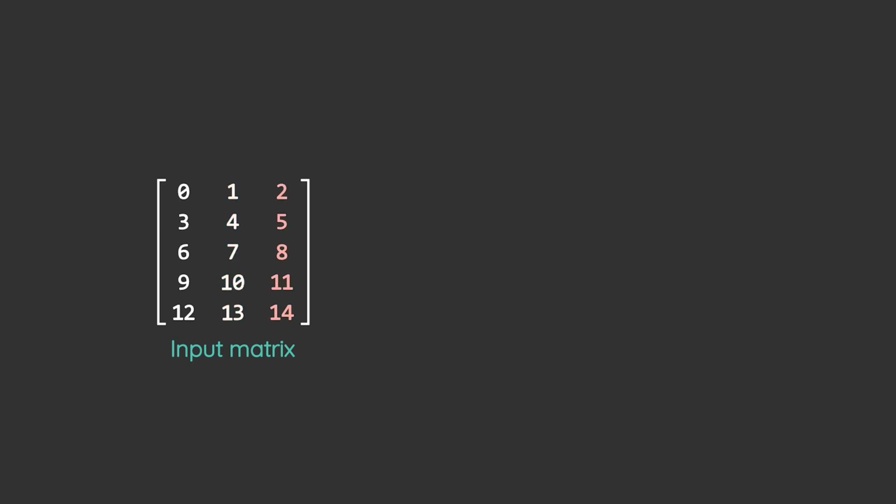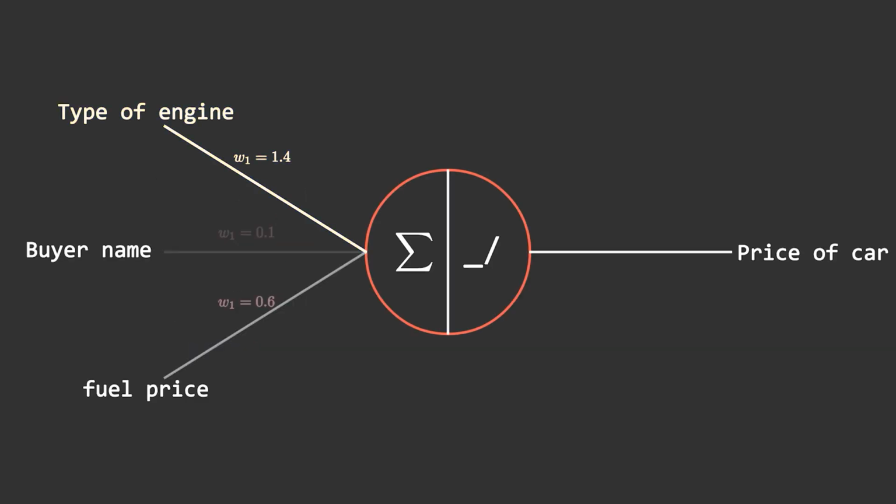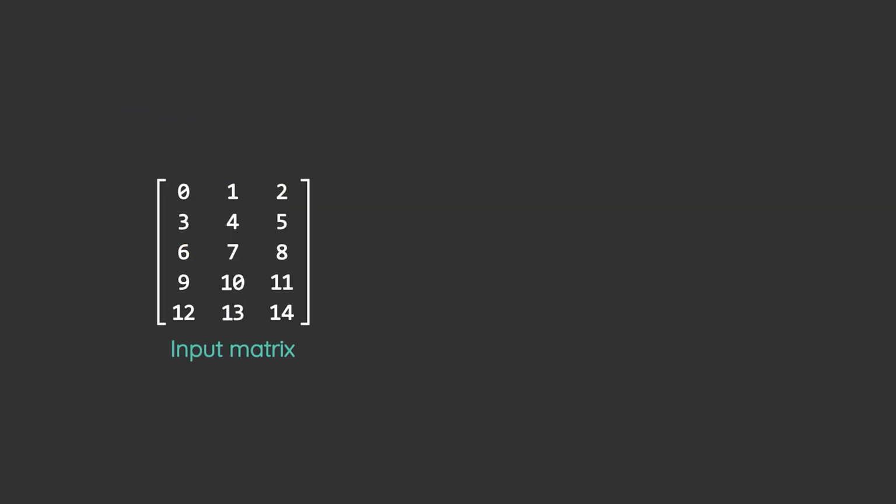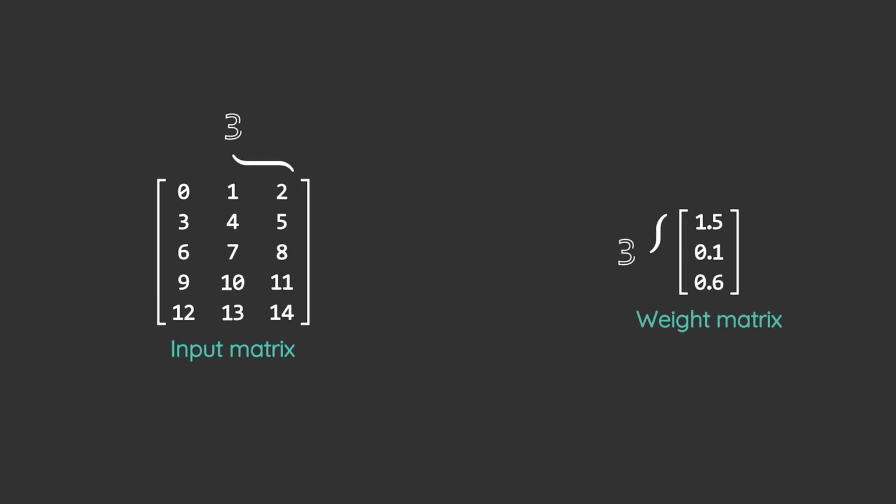In the previous example, type of engine, buyer's name, and fuel price are features. Now if there are three columns in the input matrix, the weight matrix will contain three rows, and each of the values is the strength between that input column and the neuron. Like for the first column, the strength between that and the neuron is 1.4, which is the first row of our weight matrix, and the same goes for all.